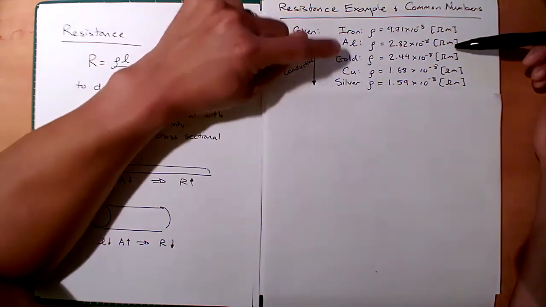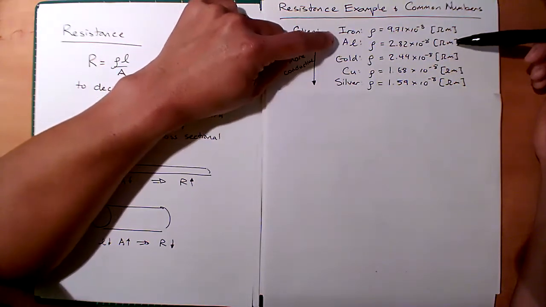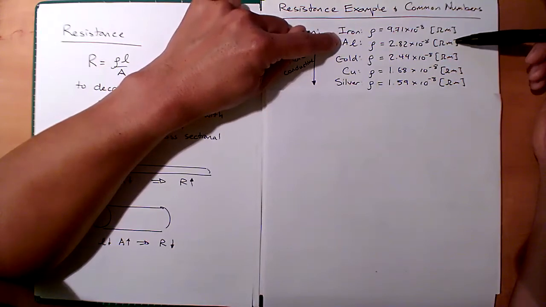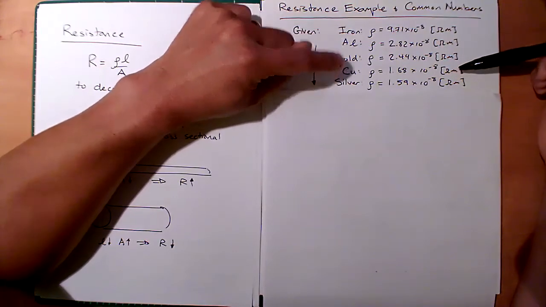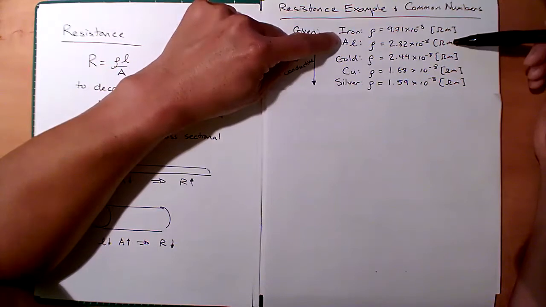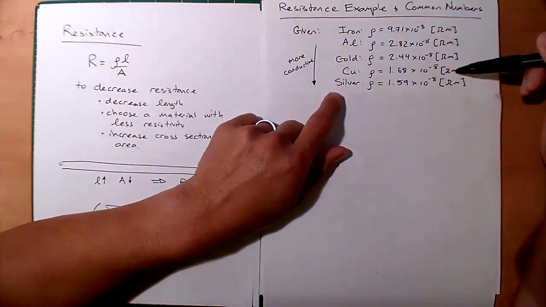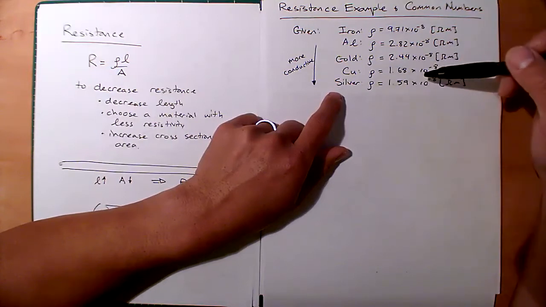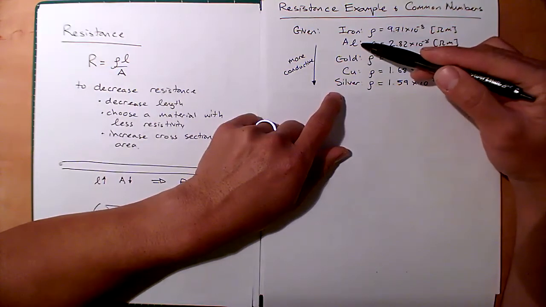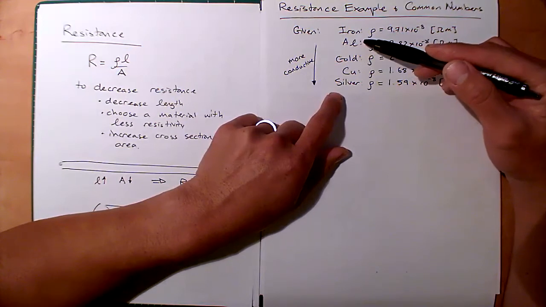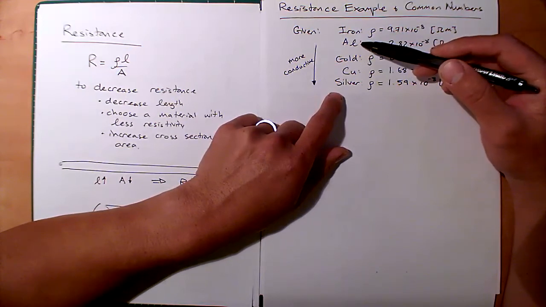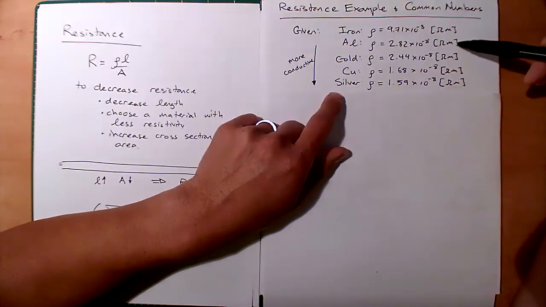Yet we see a lot of electrical wires using aluminum. Why not copper? It seems like copper is more conductive. Well, there are other properties beyond just the electrical performance. You might choose aluminum because maybe it's stronger, maybe you can build a lighter structure, or a more reliable structure, even though you get less electrical performance.